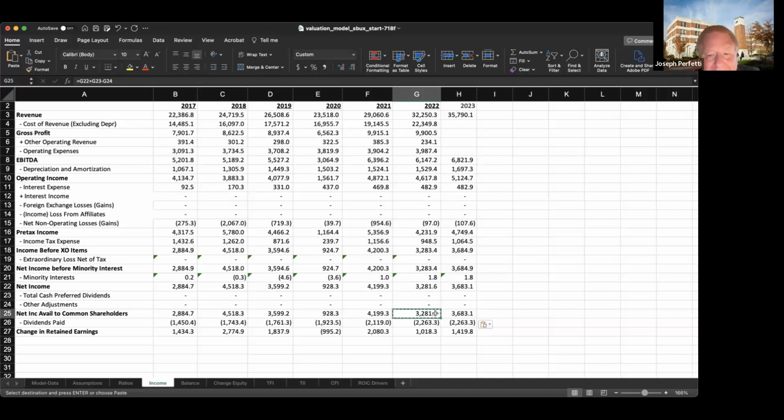So the formula that I had you copy over is net income plus the cash preferred dividends, not minus it, because it's going to be a negative number, then minus the other adjustments. That's the formula that I had you copy over. And I'm only doing it this way because I know that Bloomberg will give me the dividends for preferred shareholders and the dividends for common shareholders as negative numbers.